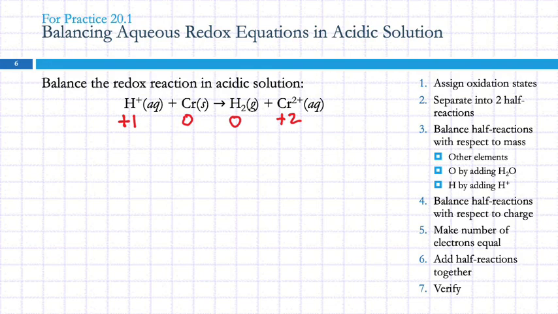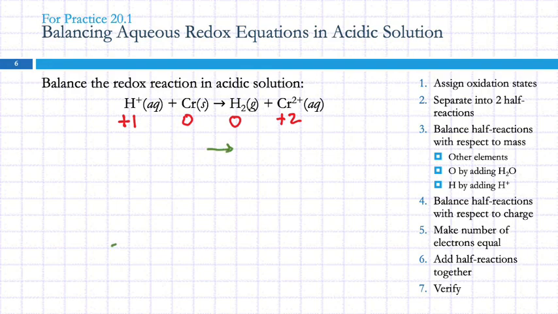Okay, so the optional step number 1. Step number 2, separate into half reactions. So you'll notice that we have 2 reactants and 2 products, right? So we're going to split these up. I usually write the first one first. So we're going to keep our arrows lined up in the middle here.